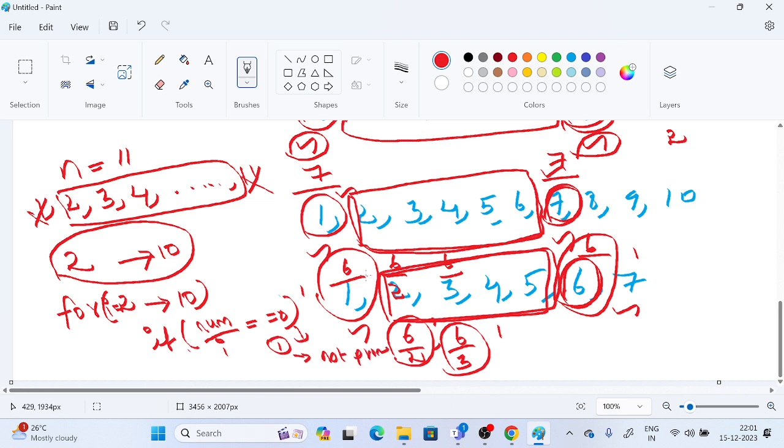If the if condition is not at all getting executed, meaning the if condition count is going to be 0, then I can say number 11 is a prime number.